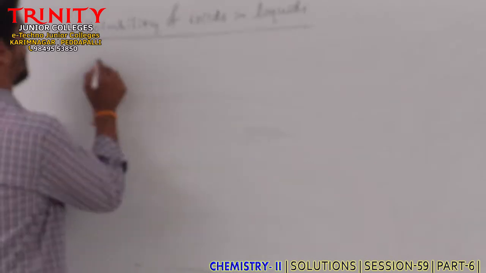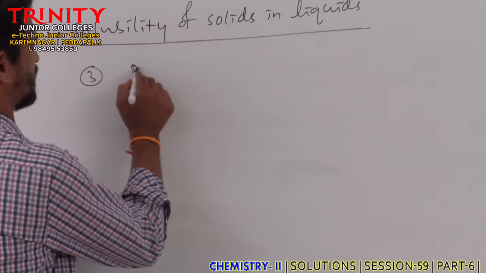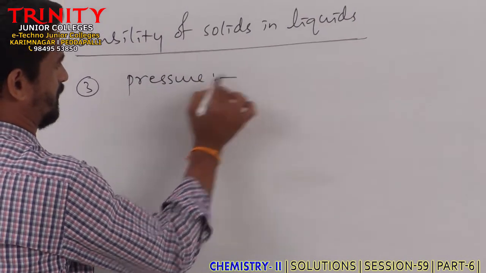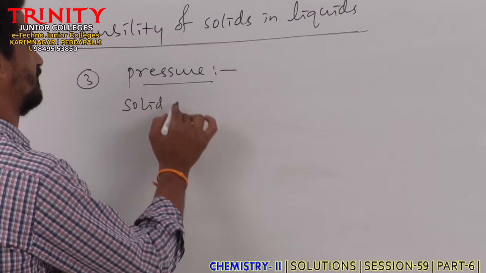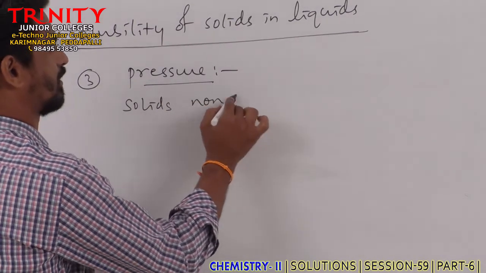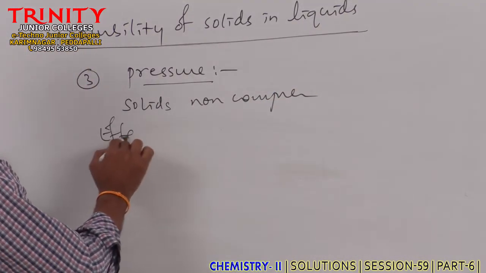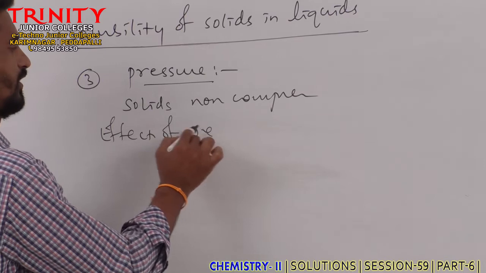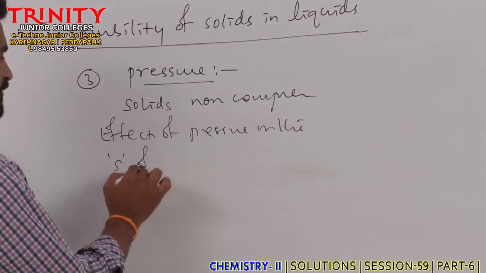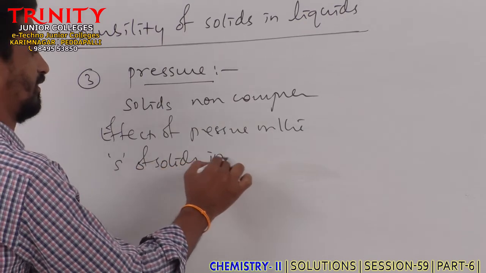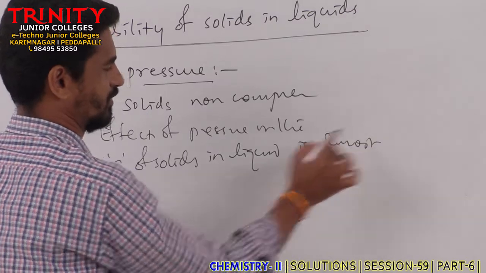The third factor that can affect the solubility of solids in liquids is pressure. Here, solids are almost incompressible. So the effect of pressure on the solubility of solids in liquid is almost negligible.